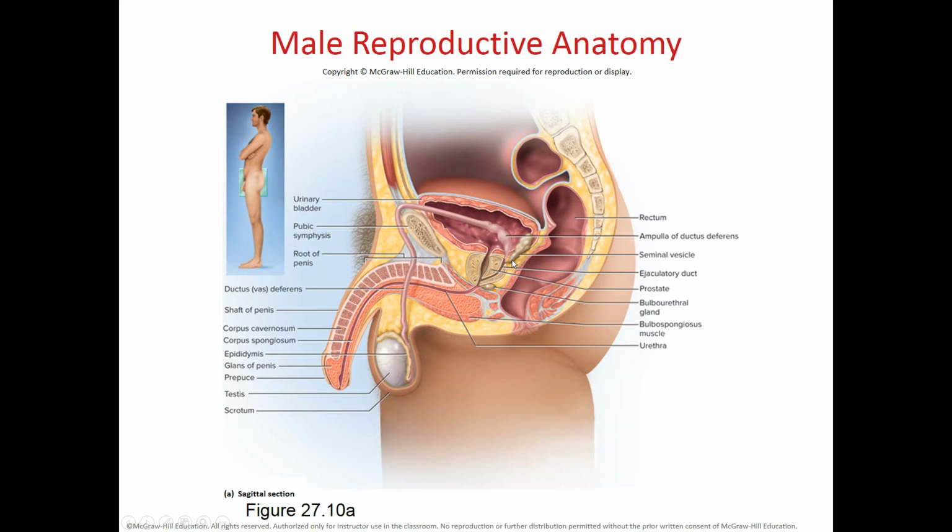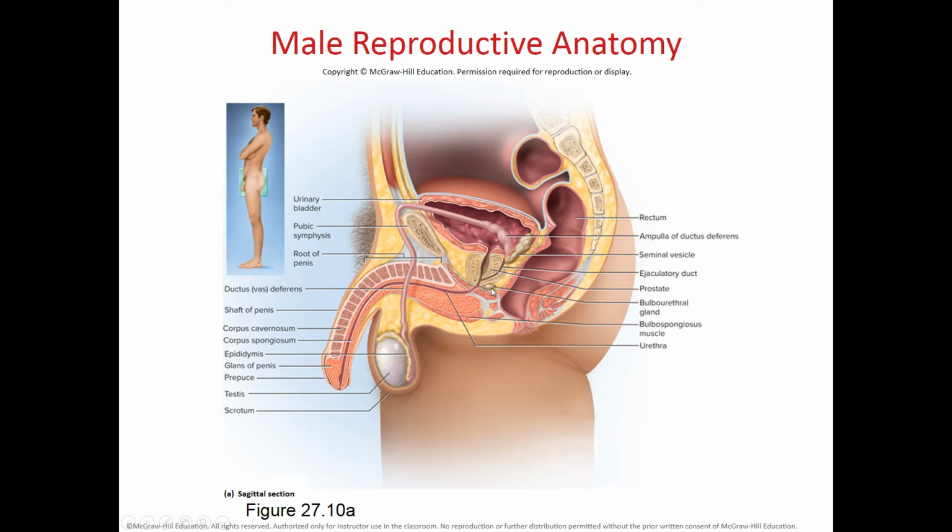Now, when you combine the fluid from the seminal vesicles with the prostate gland fluids and the sperm cells, you form a liquid that is called the semen. 90% of this fluid of the semen is coming from the seminal vesicles and the prostate gland. So 10% will be sperm cells.